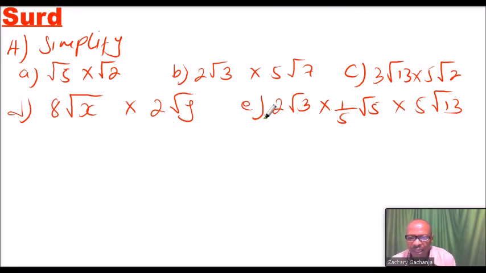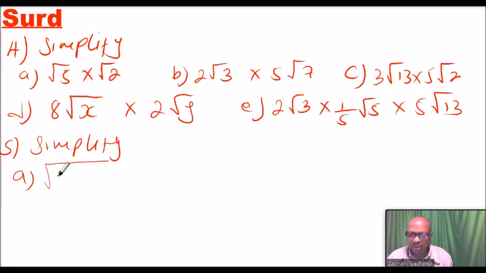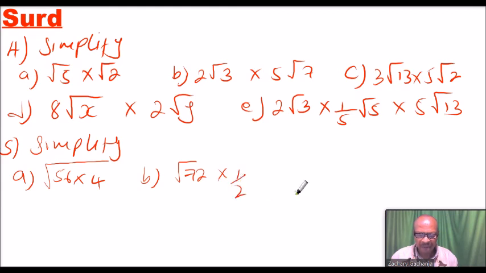Let's have a look at number 5. Simplify. So we have our A, root of 56 multiplied by 4. B, we have root 72 multiplied by a half.